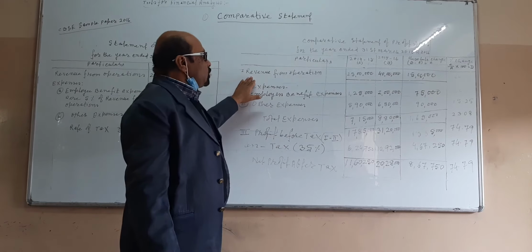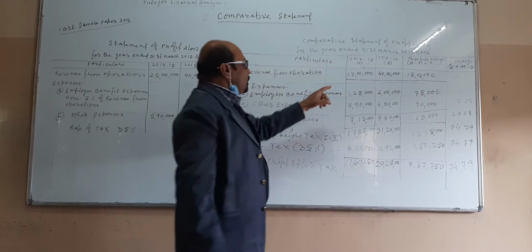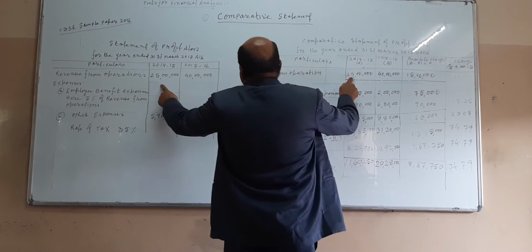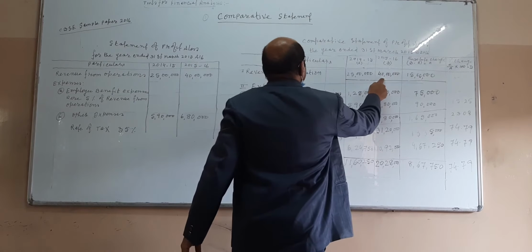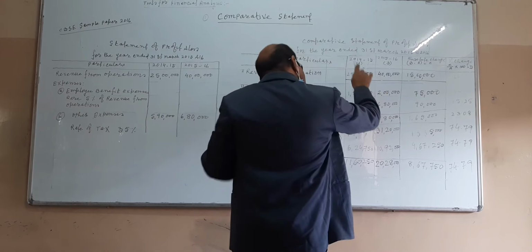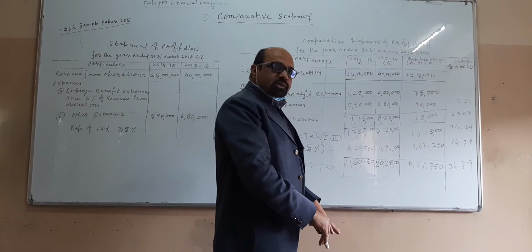So first is revenue from operation. The first year amount is 25,000. The second year amount is 40,000. First you put all the amounts.